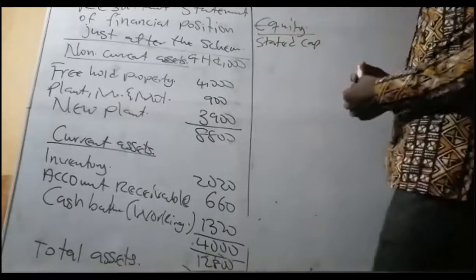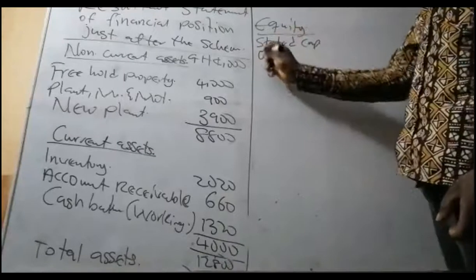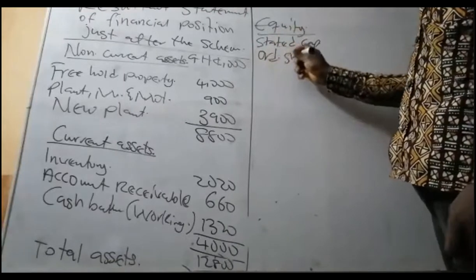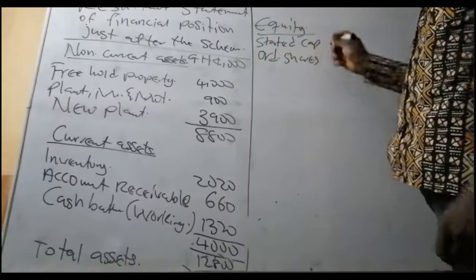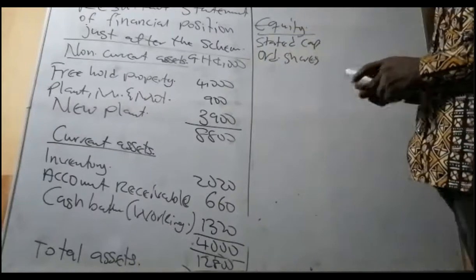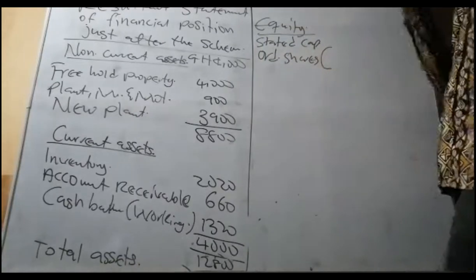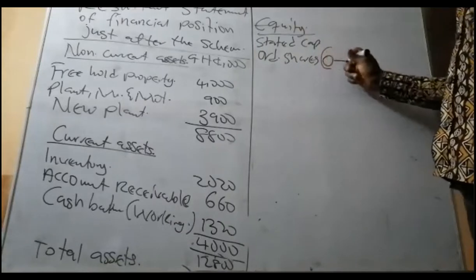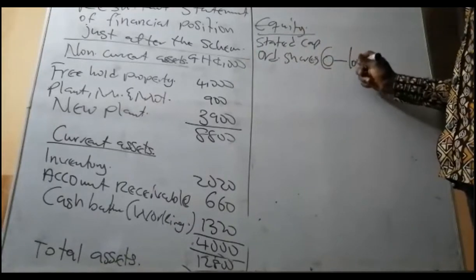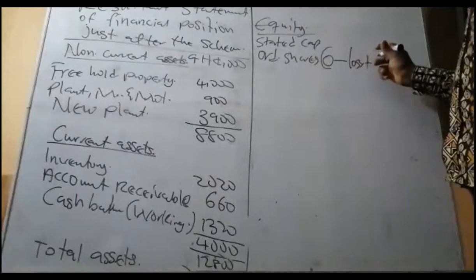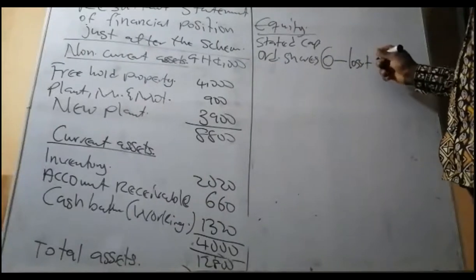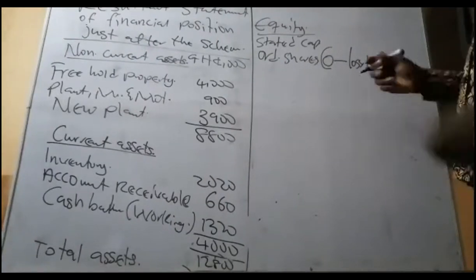Now with the stated capital, you start with the ordinary shares. Here you have to open a bracket: original position minus what they are losing plus what they are bringing, the additional funds.